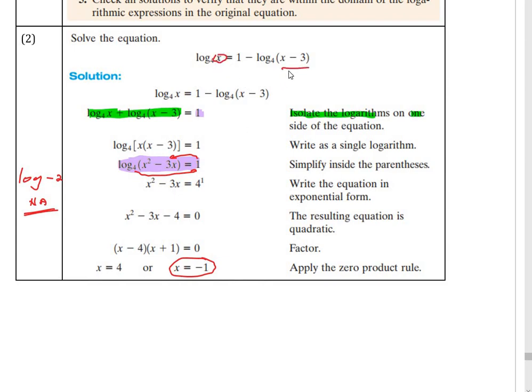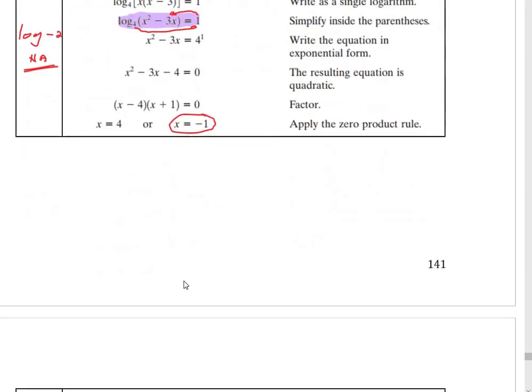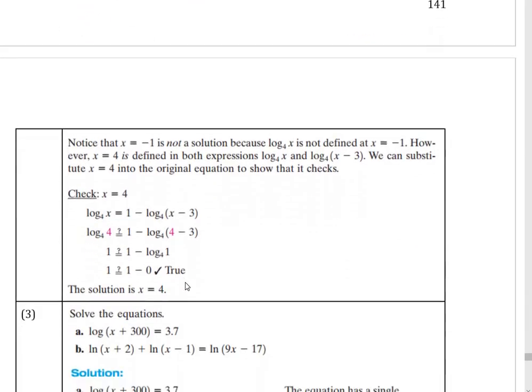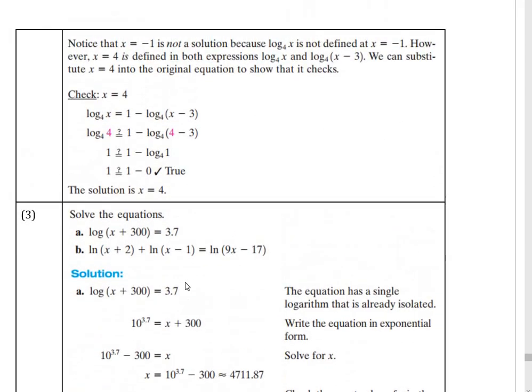It's also going to make the log negative there. So that x equal to negative 1 is out. So the only answer here will be the 4. Okay, so please do not forget to check your answers. Don't just accept the logs as it comes out. You cannot have the log of a negative number.